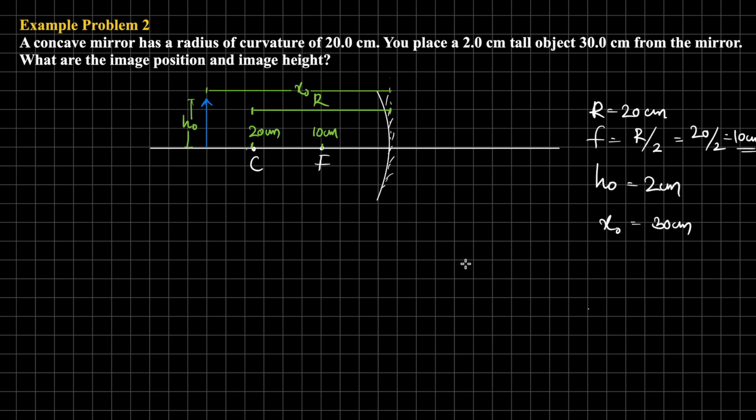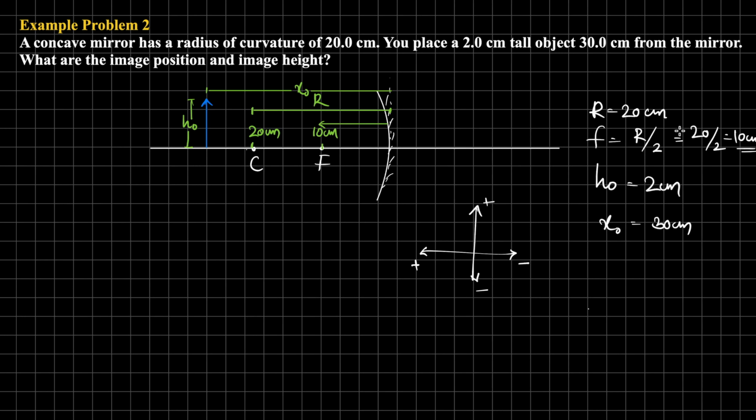In our coordinate system, up is positive, down is negative, right is negative, left is positive. So all the quantities we measure from the pole to the left are going to be positive. So focal length is positive because we measure it from the pole to the focal point, in the positive direction.